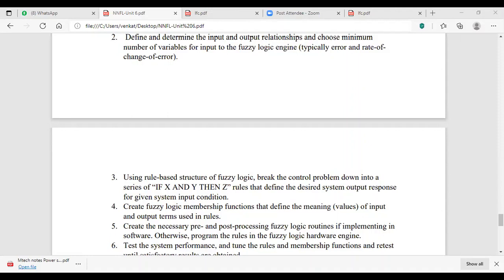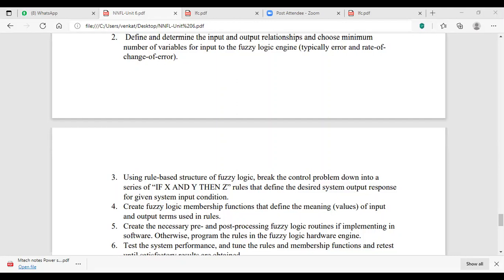Linguistic variables, see, LN is indicating large negative value, okay. MN is indicating medium negative value. SN is indicating small negative value. Z is indicating 0.